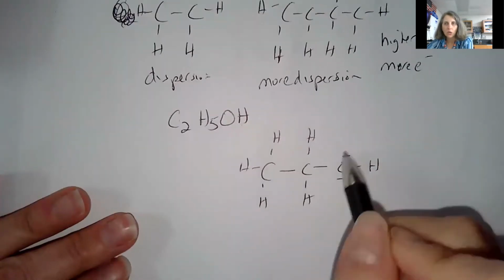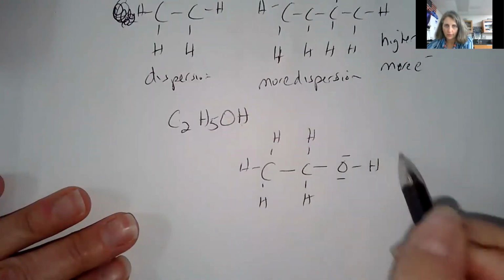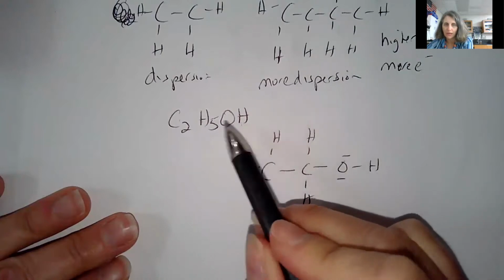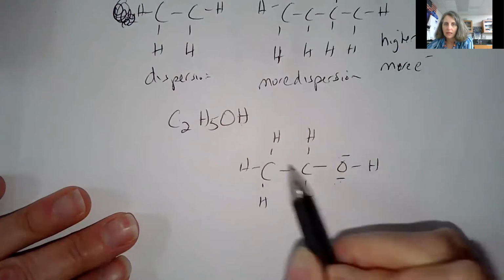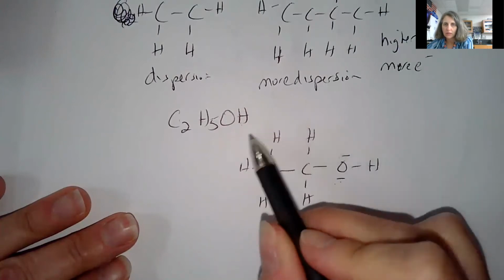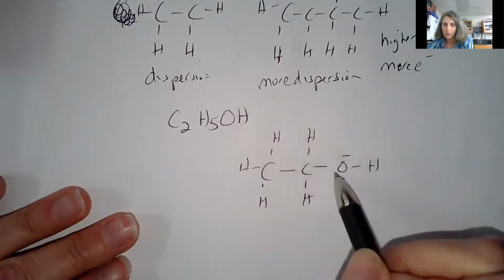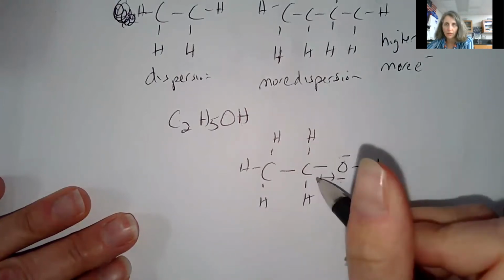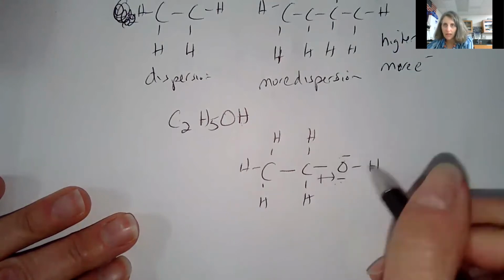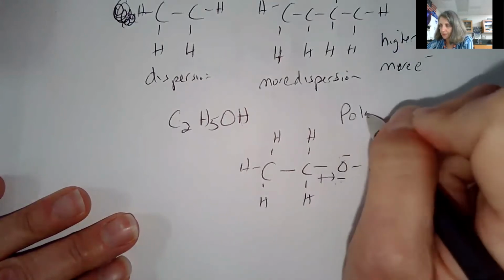This is called an alcohol group, an OH group. That's why it's separated out. The hydrogen isn't with this hydrogen here. So please recognize that this part of the molecule is going to be nonpolar, but because I have the oxygen pulling on those electrons more than the carbon is, this is going to make this molecule polar.